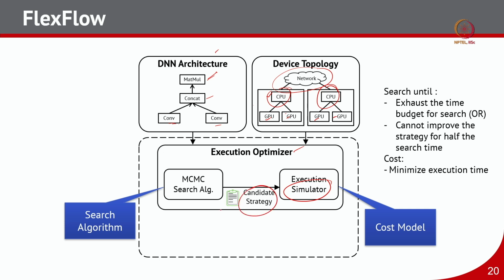Of course, as you can imagine, the simulator has to be very fast, because if it takes the same time as the exact training, then there is no use of this simulator, correct. Once the simulator evaluates the performance of the candidate strategy, the simulated performance is fed to the Monte Carlo Markov chain search algorithm. MCMC is a very widely used, popular technique for guided search.